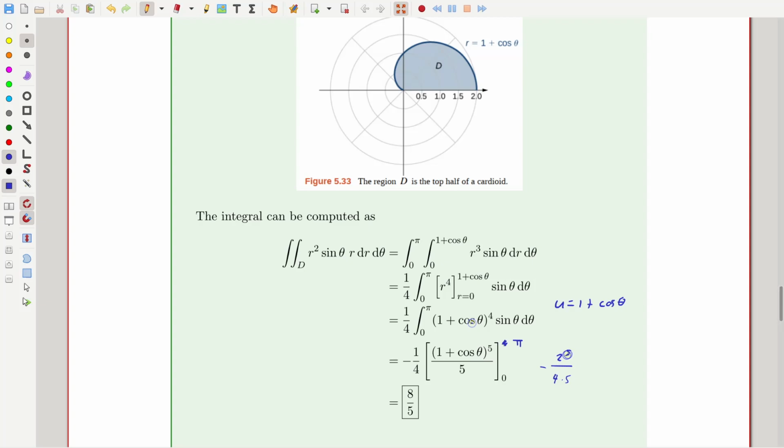And so that cancels 2 copies of 2 upstairs, giving you 2 to the 3rd, which is 8. Oh, and then the negative, right? Because this is the evaluation at 0, there's an extra negative. And so the 2 negatives will cancel. And so that's how you end up with 8 over 5.